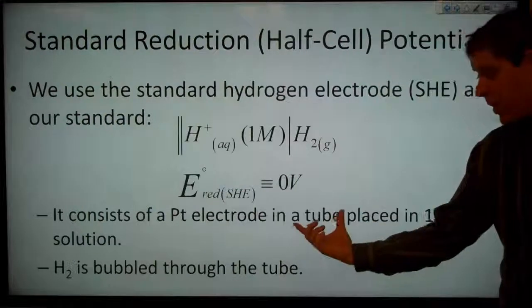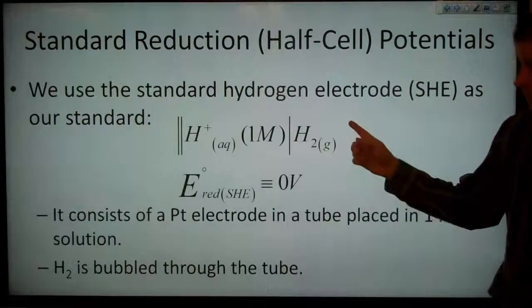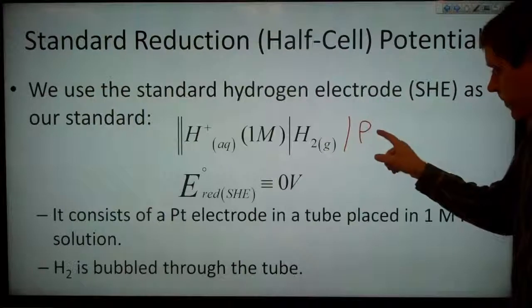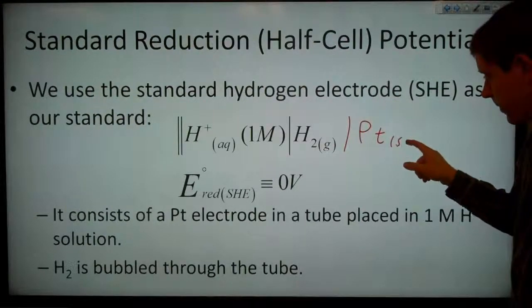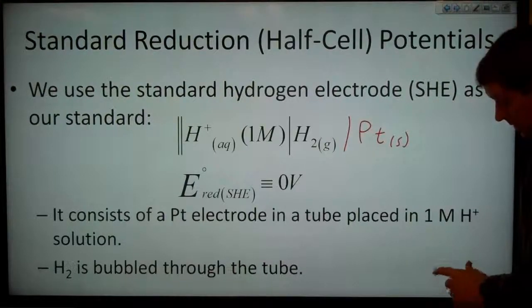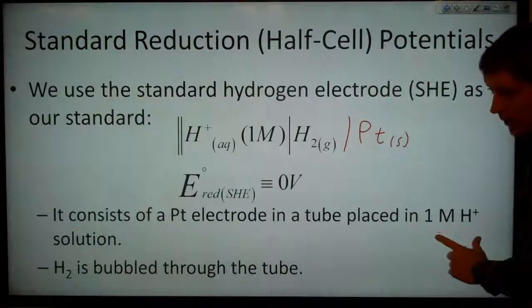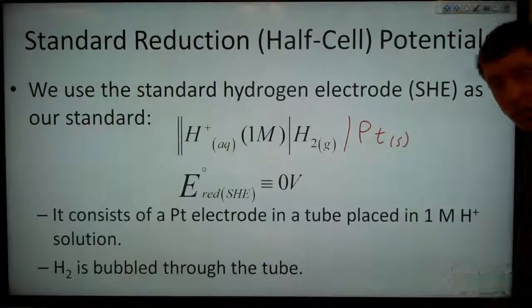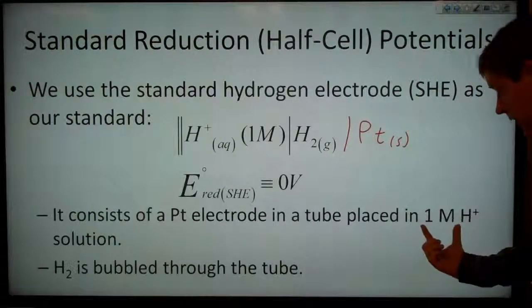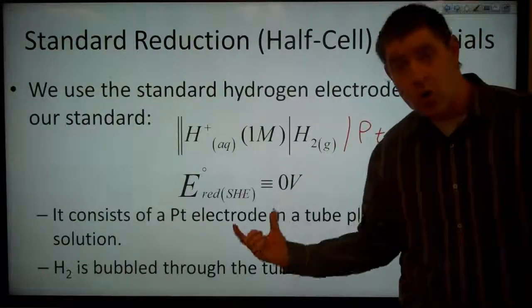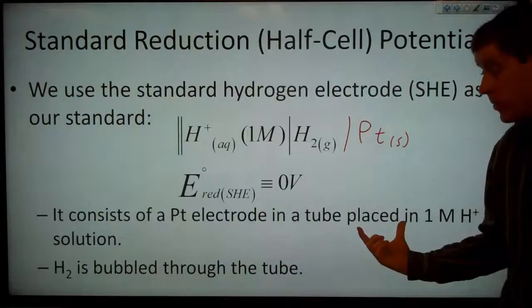So in this cell, we've got a platinum electrode. That then would be written in over here, platinum solid. That's our electrode. That's in a tube, placed in a 1 molar hydrogen ion solution. So if we have a concentration here of 1 molar, that means that we have a very, very low pH, and this is a really acidic solution.